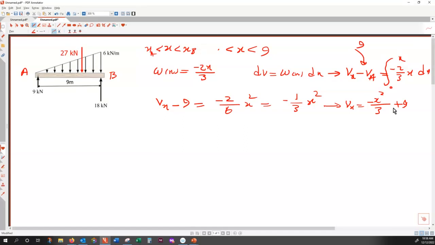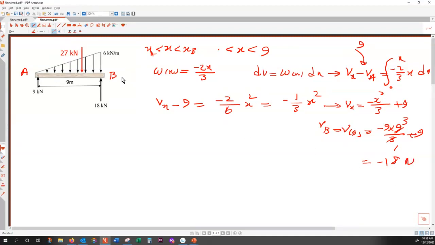When x is equal to 0, V of x is 9. And when you plug x equal to 9, so that is V of B, that is V of 9, that is minus 9 times 9 divided by 3 plus 9. 81 over 3 is 27, so that is minus 27 plus 9, which is minus 18, right?